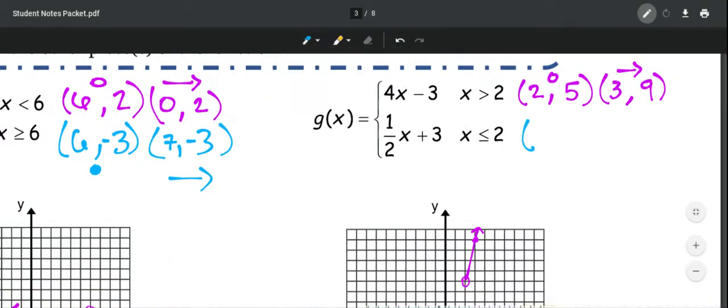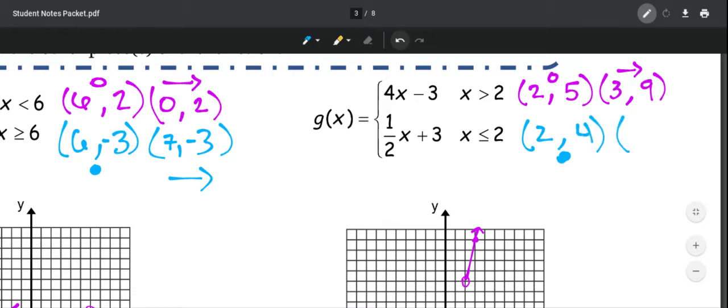So here I'm picking 2 because that's my boundary point. That's right here. And I plug it in. And that is going to be a closed circle because of this equal sign underneath. So 2 times 1/2 is 1. 1 plus 3 is 4.